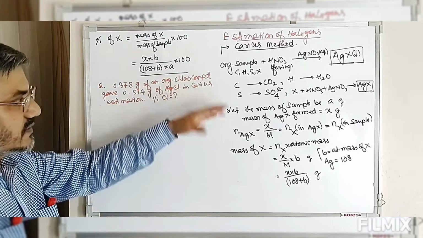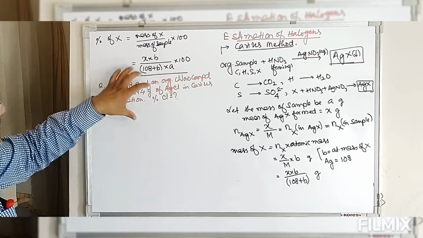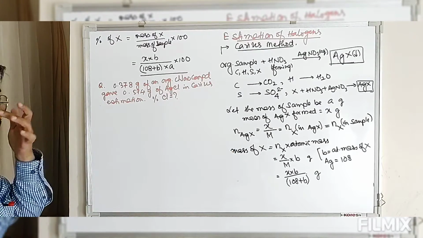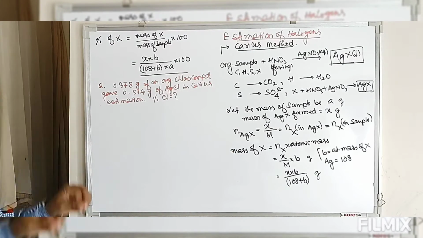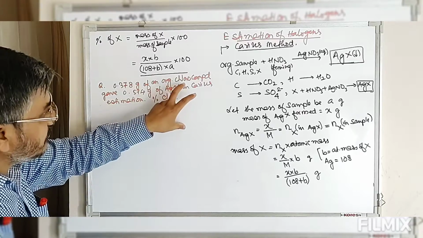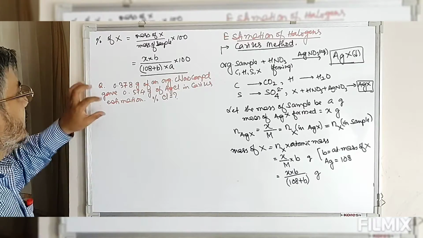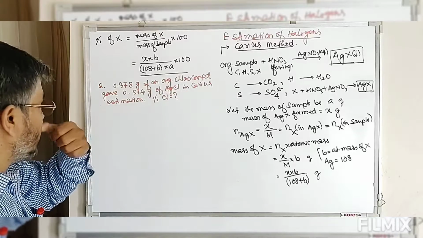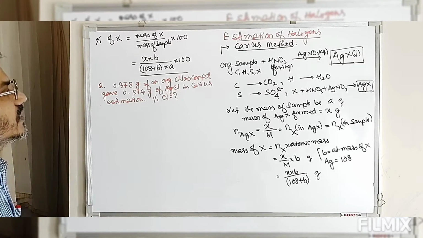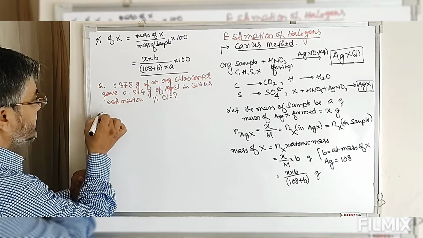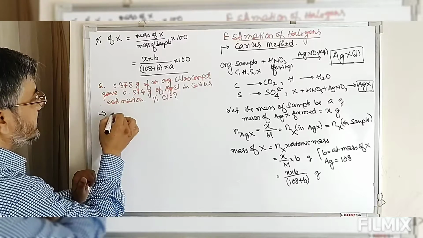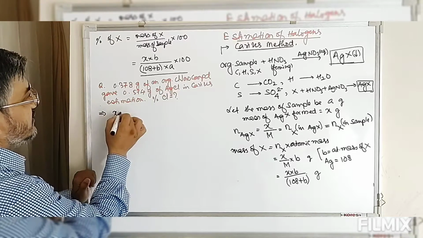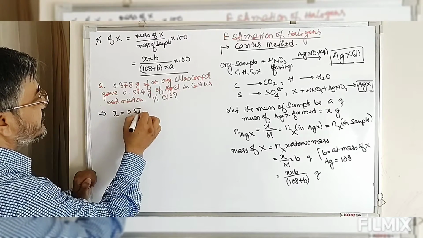We explained this formula by use of this problem. Question says 0.378 gram of an organic chloro compound containing chlorine gave 0.574 gram of AgCl in Carius estimation. Calculate the percentage of chlorine. So now look at this. In this problem, the mass of AgCl, that is x, is given as 0.574.